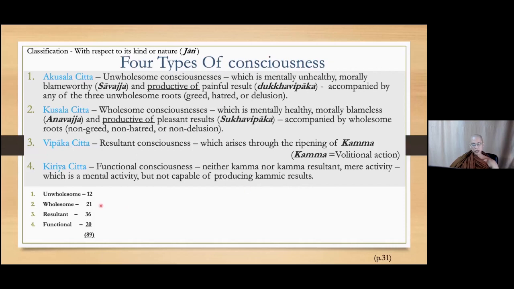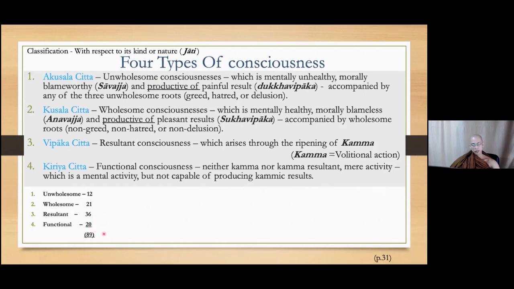In this way, we have the four categories of consciousness according to the classification of jati: unwholesome, wholesome, resultant, functional. If we divide the 89 consciousness into these four types, we get the unwholesome consciousness 12, wholesome consciousness 21, resultant consciousness 36, and functional consciousness 20.